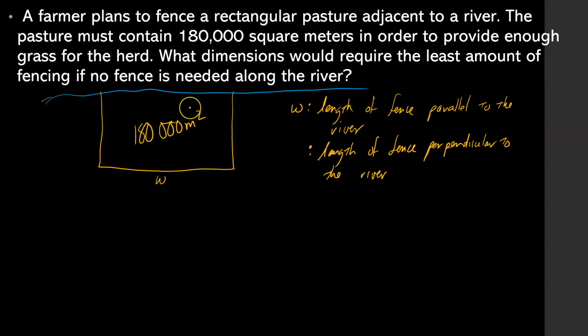Well, length times width gives you this area we have to provide. So this is 180,000 divided by width. If you needed to write that out, we could just call that side L for a minute. L times W is 180,000. And if you want L, you'll have to divide by W.